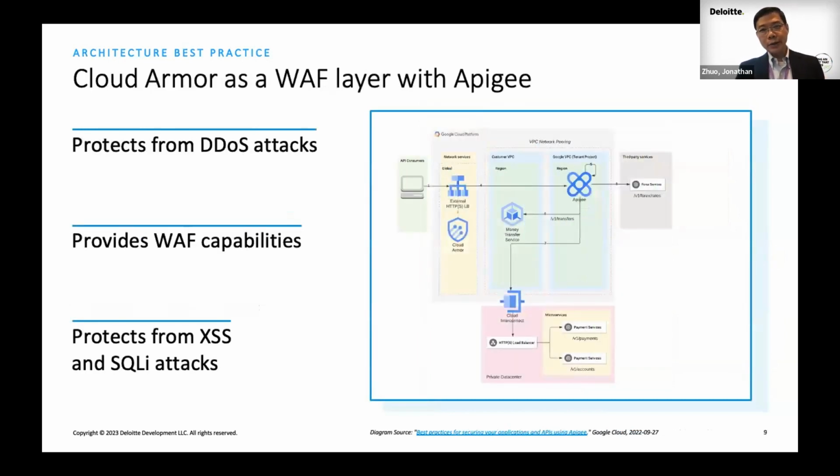While Apigee X includes OAuth token, API keys, and many other API level security features, Cloud Armor offers network and application security. Cloud Armor is a part of the Google Cloud global load balancing infrastructure. It provides web application firewall capabilities and helps to protect against distributed denial of service attacks. It's also called DDoS attacks.